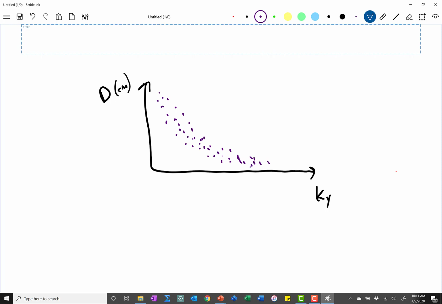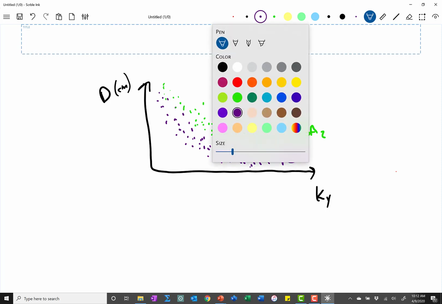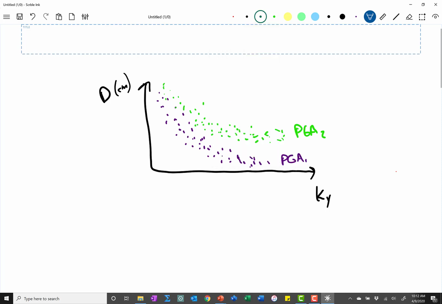Okay, and this might be for PGA 1, and then they came along and they did it again, but for a different PGA. So maybe they got something that looked like this, so this would be PGA 2, and then maybe a different PGA.